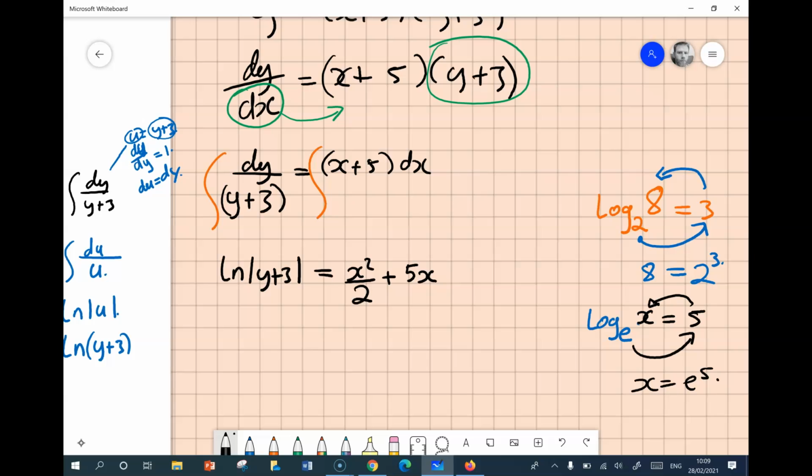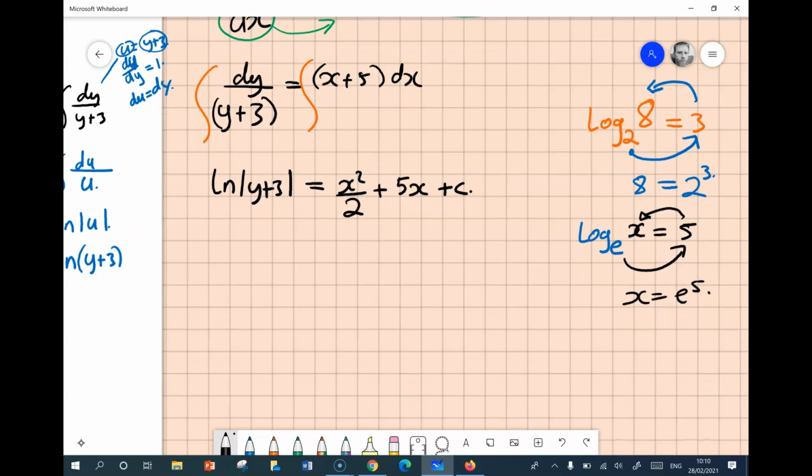So we have our integral done. I'm going to throw in my plus c. I'm going to rewrite my ln just as log base e. So log base e of y plus 3 equals x squared over 2 plus 5x plus c.